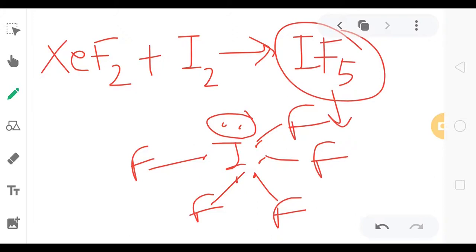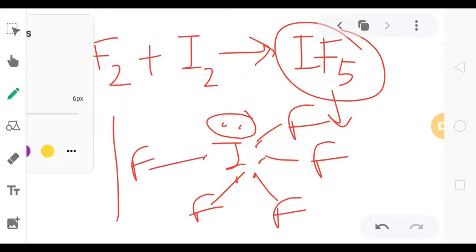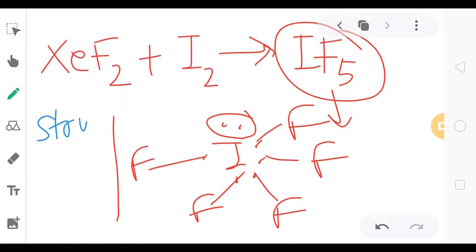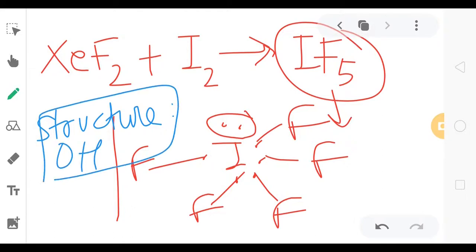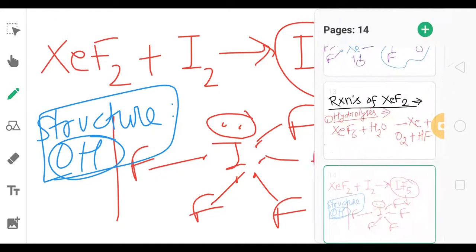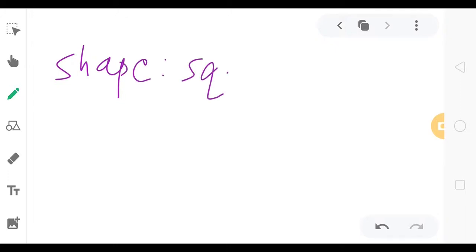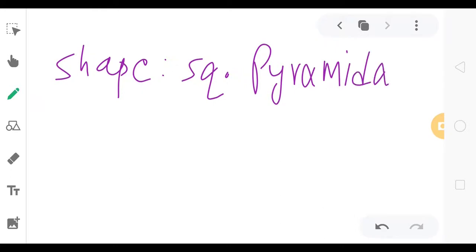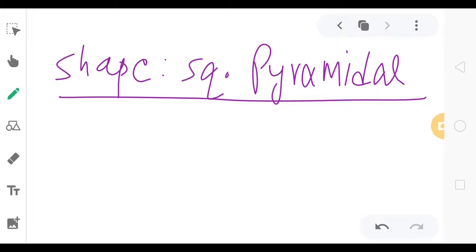That means the structure would be octahedral, and the shape would be square pyramidal. All right, so this was the reaction.